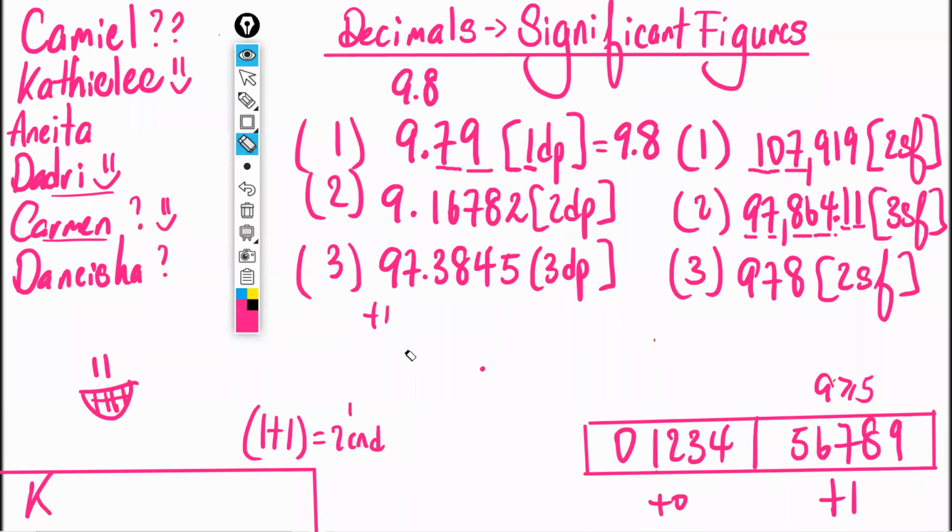Cool. So let's look at number 2 now. Number 2 says 9.16782, and they want it to 2 decimal places. Yes, sir, do we use the last two numbers at the back, or the two front ones?